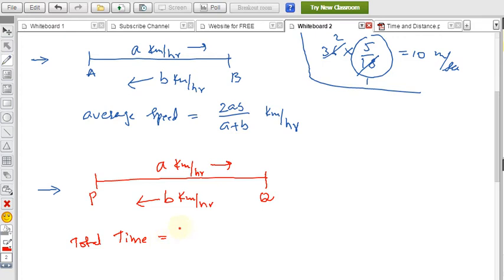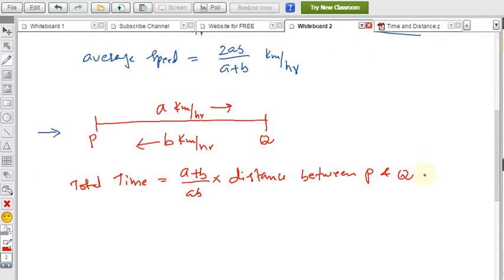The total time formula is a plus b by a into b into the distance between P and Q. So if the distance is x, into x you can take. This is the total time for the whole journey.